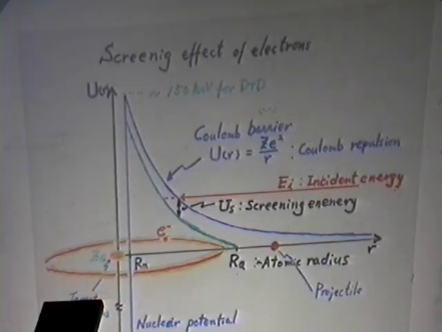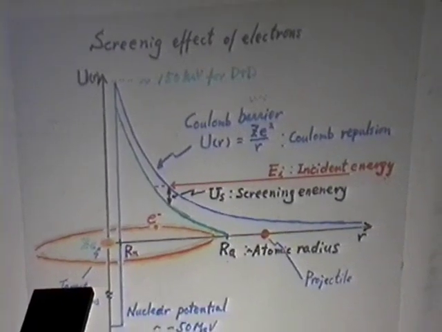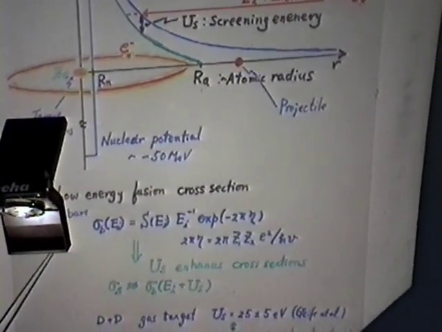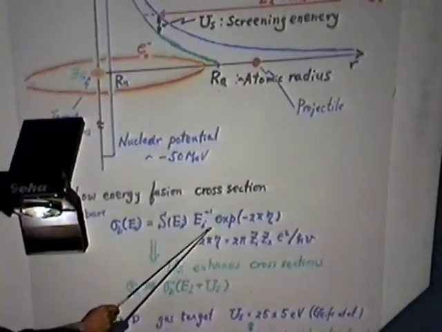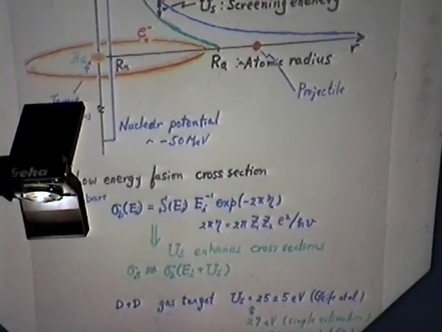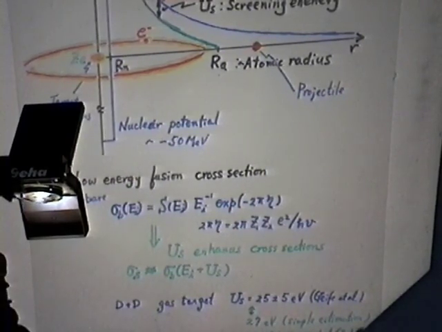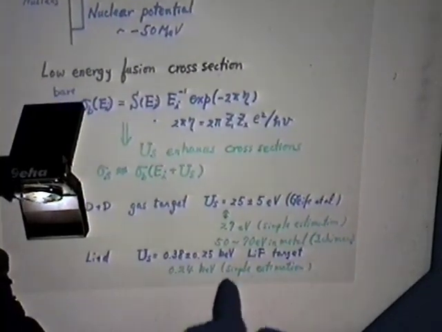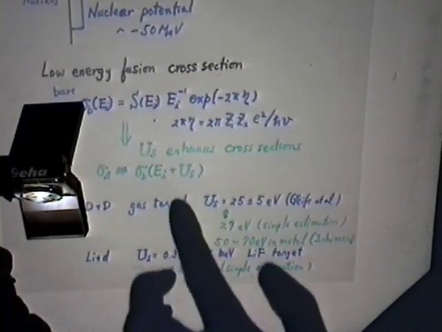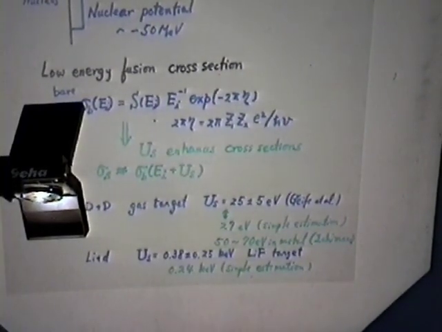And usually the low energy fusion reactions can be described by this formula. This part just shows the Coulomb penetrability. If you have a screening effect and a screening energy, it enhances the cross-section very much, and you can estimate the cross-section just by using the incident energy plus the screening energy.